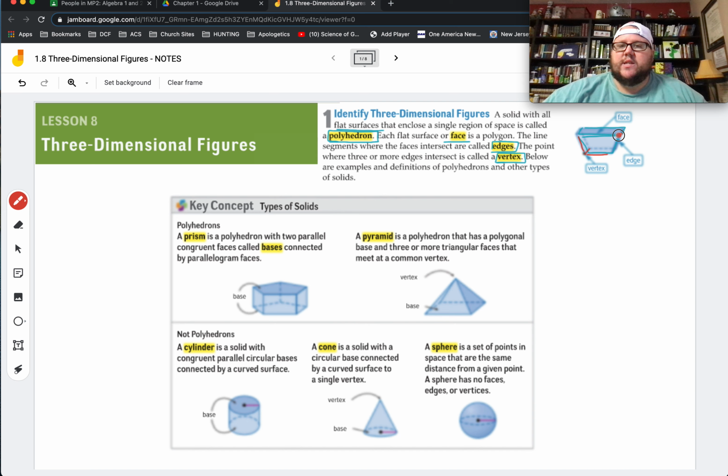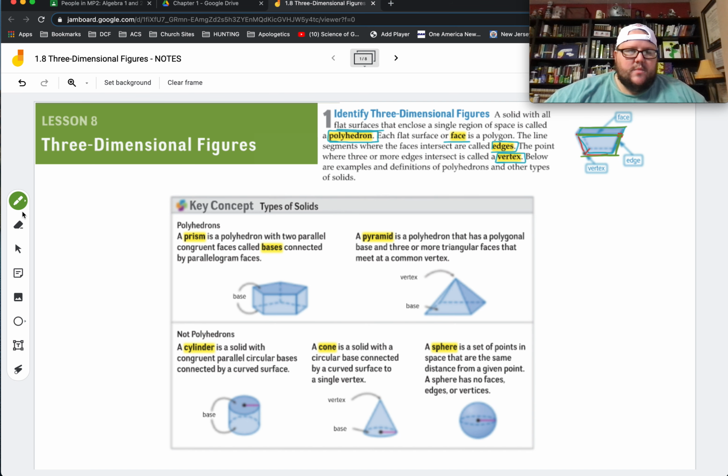So this would be a vertex also. You have one, two, three. Each one of these points, they make V's. Those are vertices. The edge, however, is just the lines. It's the lines where they intersect. So those are all edges.